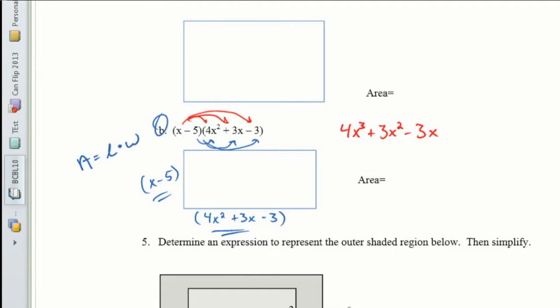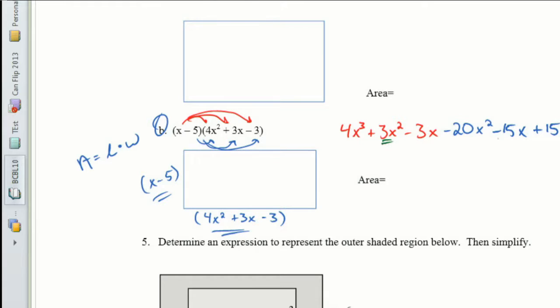And then I'm going to multiply the negative 5 by everything. So negative 5 times positive 4 is negative 20x squared. Negative 5 times positive 3 is negative 15x. And negative 5 and negative 3 is positive 15. I have some like terms I need to combine.